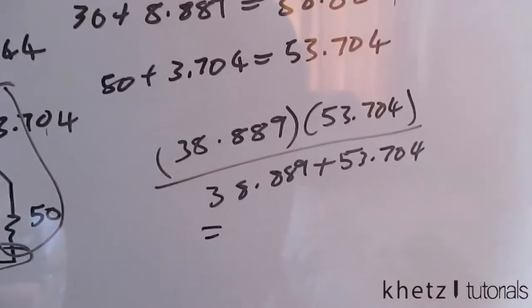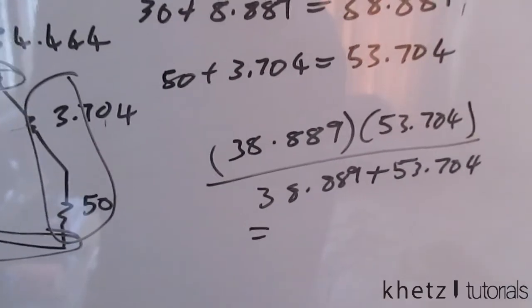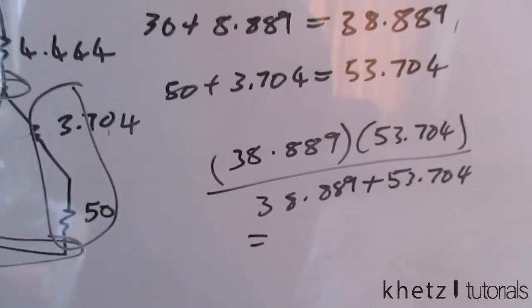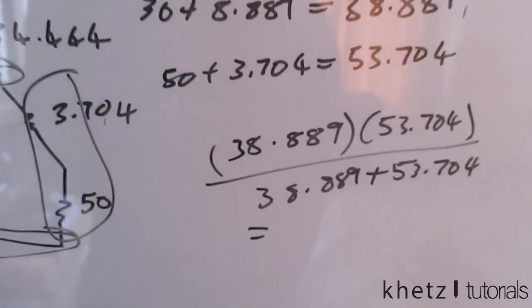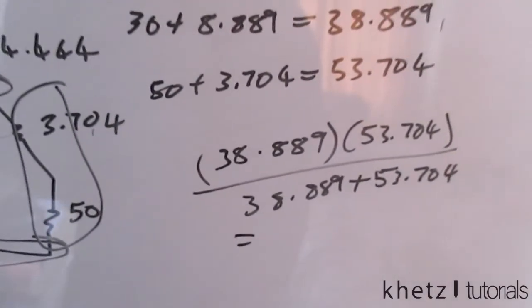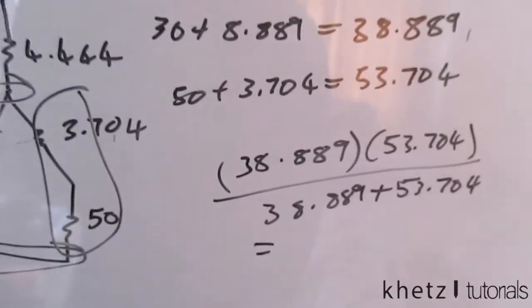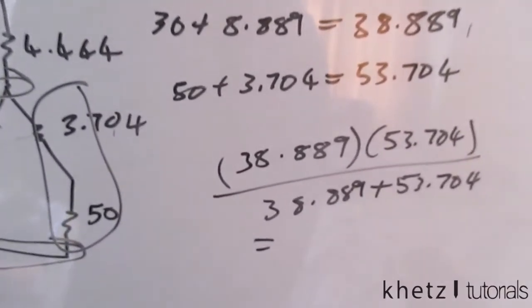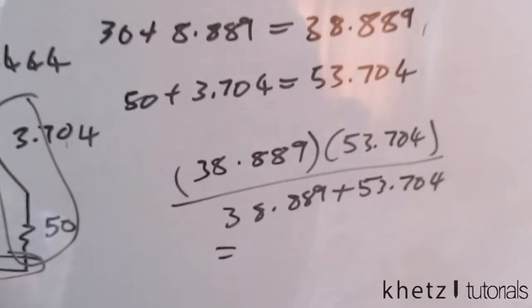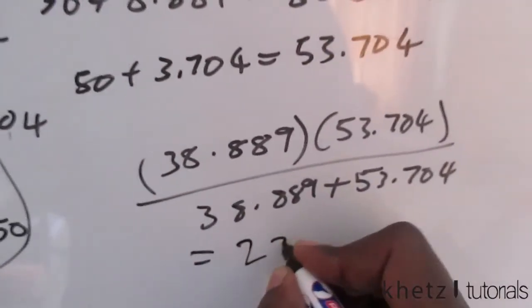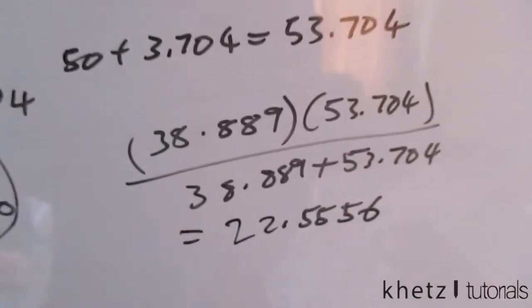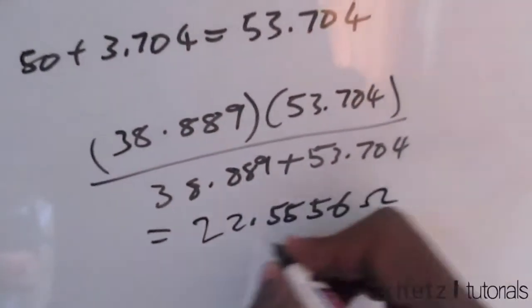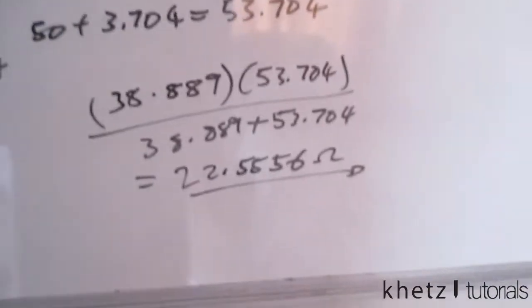So 38.889 multiplied by 53.704 divided by 38.889 plus 53.704, and the answer is 22.5556. Let's draw the new circuit.